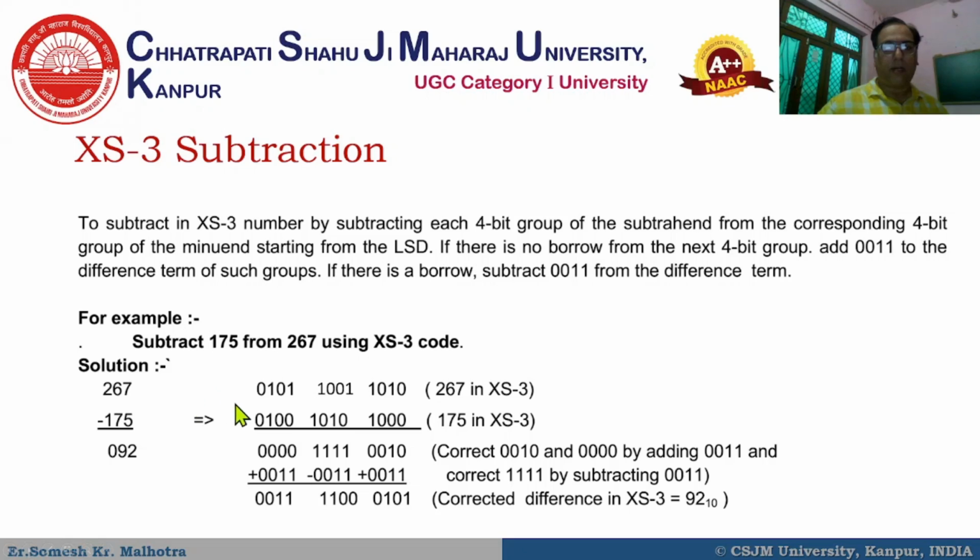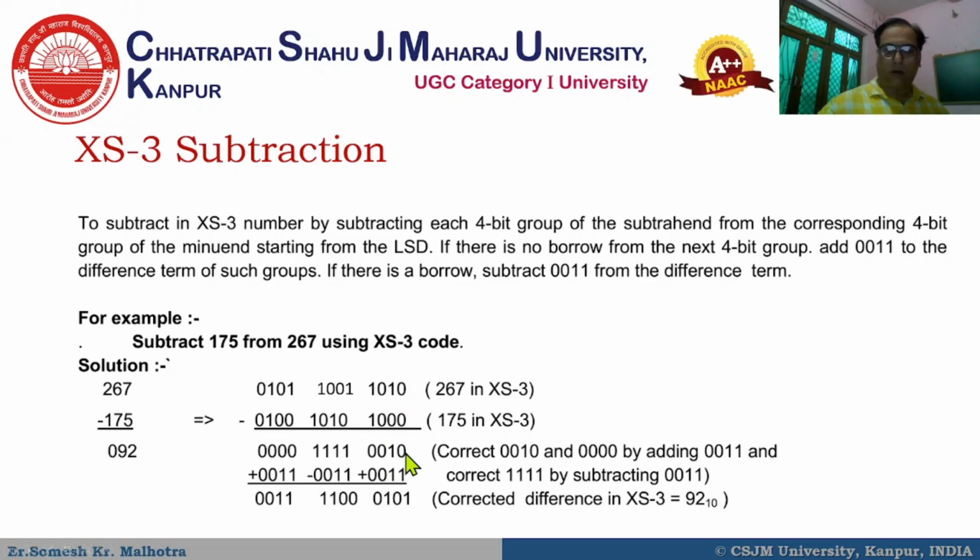Now 267 can be written as 0101, 1001, 1010. 175 is 0100, 1010, 1000. Now from 0 minus 0 is 0, 1 minus 0 is 1, 0 minus 0 is 0, 1 minus 1 is 0.